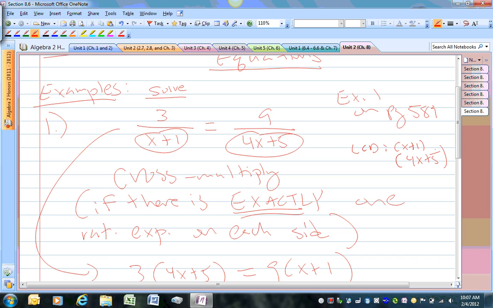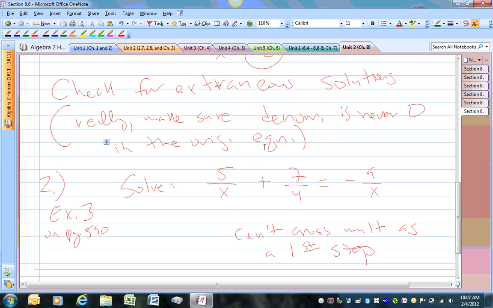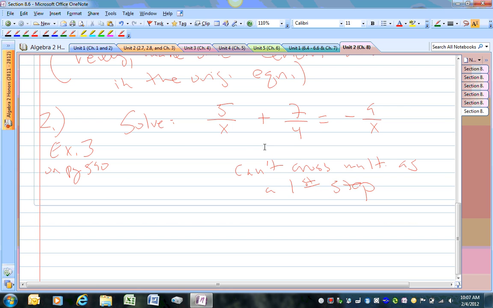So it's like I multiplied both fractions by the LCD. If I multiply this by x plus 1 and 4x plus 5, and this by x plus 1 and 4x plus 5, notice how those crossed off, which got us down here. So that's what cross multiplying really is. It's multiplying everything by the least common denominator for all fractions involved.